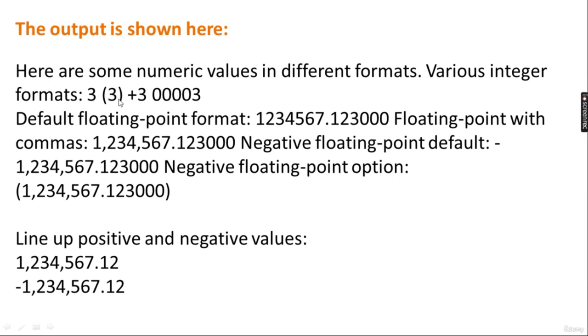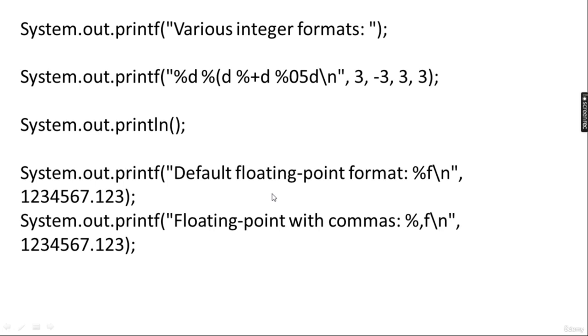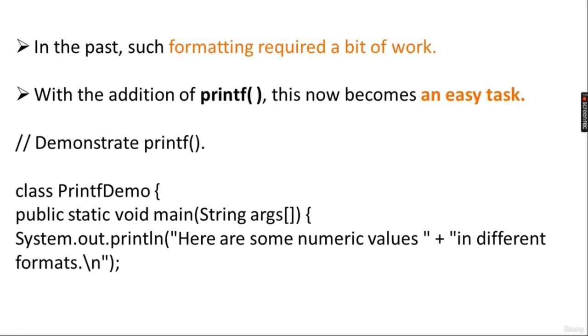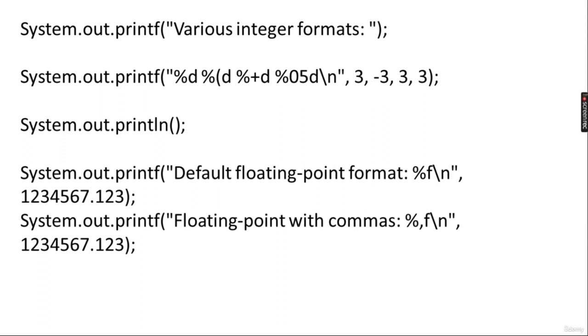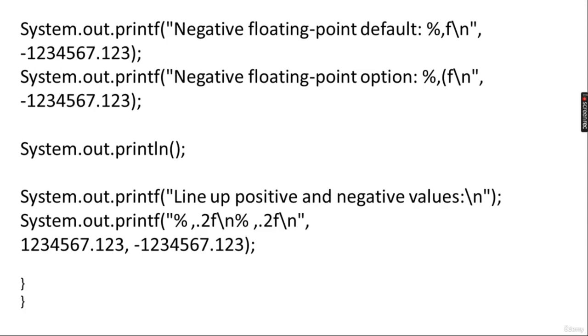Integer formats are 3, 3, +3, 0003. Then default floating point format, floating point with commas, negative floating point default, and negative floating point with option. So you can take a screenshot of this program if you want to try it at home, or we are going to discuss it in the practical part also.